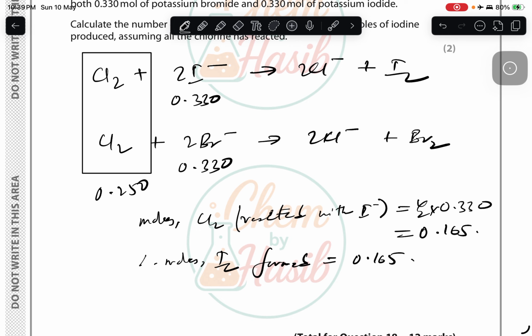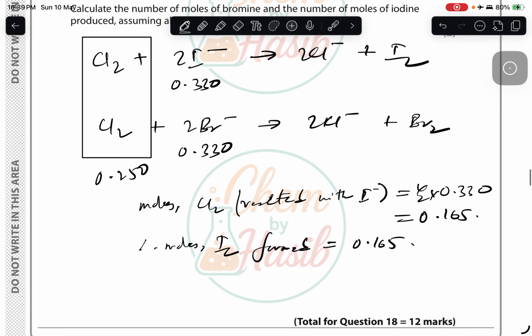Now, this much chlorine has reacted with I minus, because initially chlorine will react with I minus. So the remaining chlorine will react with the bromide, right?